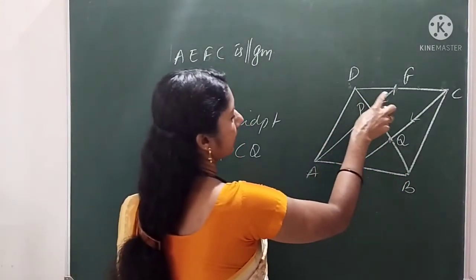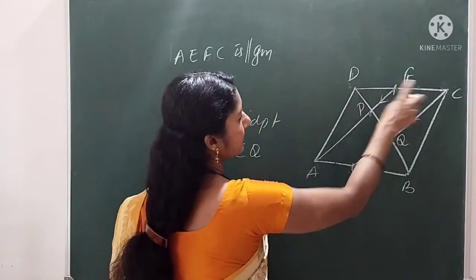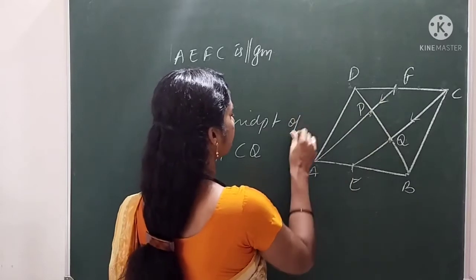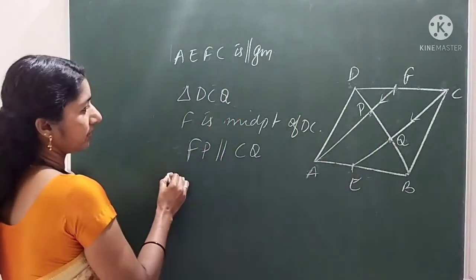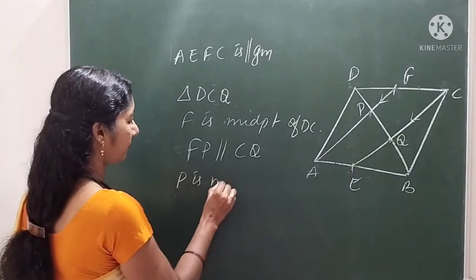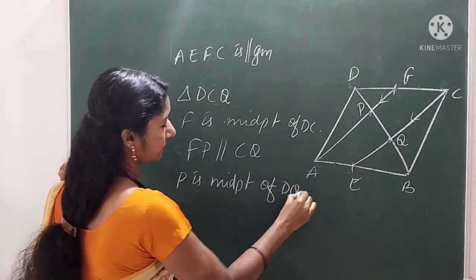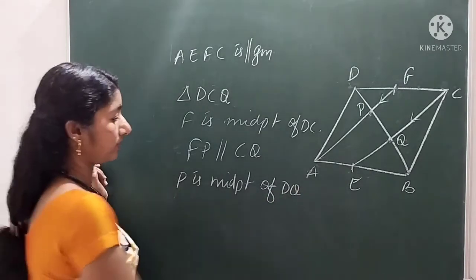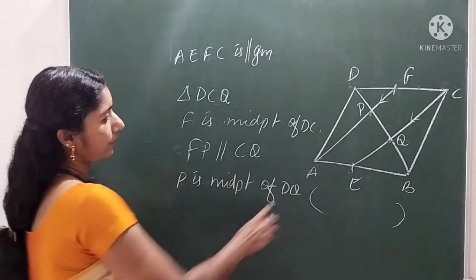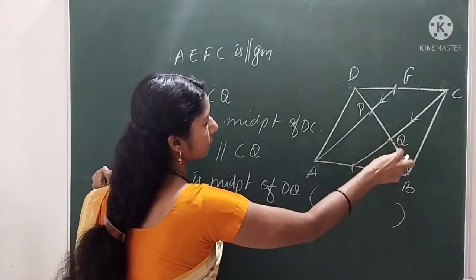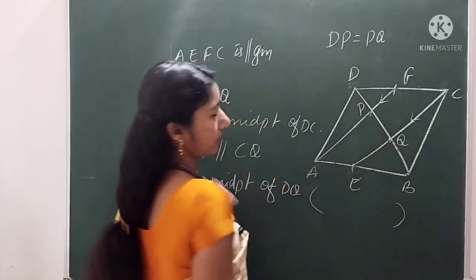So we are drawing FP parallel to CQ and F is the midpoint of DC, and we are getting P is the midpoint of DQ by converse of midpoint theorem. You can write the reason: by converse of midpoint theorem. Now we got P is the midpoint, so DP is equal to PQ.